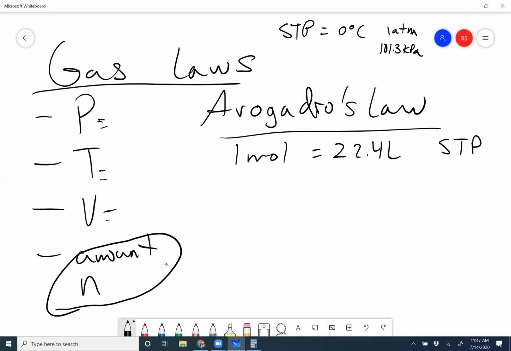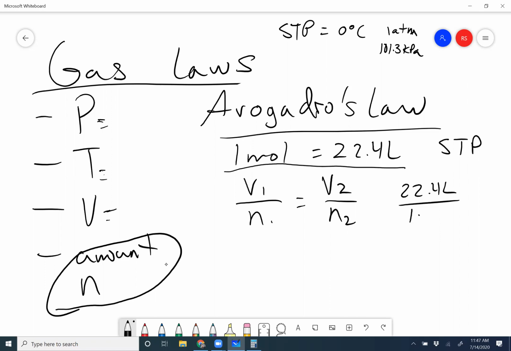So what Avogadro actually did is he looked at volume and he looked at amount, and he noticed that they were a direct relationship, just like Gay-Lussac's law and Charles's law. And what he said was that they all shared this phenomenon, that 22.4 liters was over 1 mole.